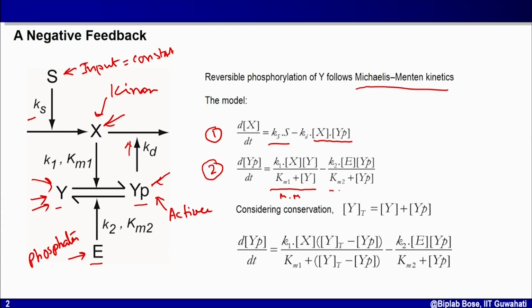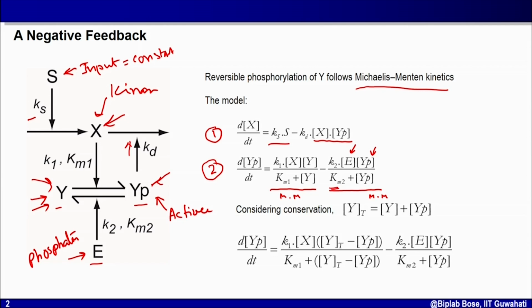The second one is also Michaelis-Menten. In this case the enzyme is E and the substrate is YP and the Michaelis-Menten constant is Km2. So these two Michaelis-Menten formulations are put together to create the ODE for YP.